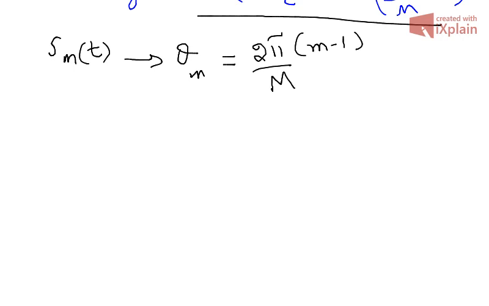Now usually, when we say that we have capital M symbols, it is because we have an M-ary modulation scheme.